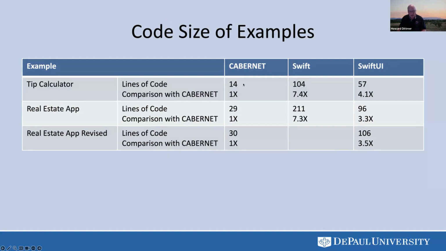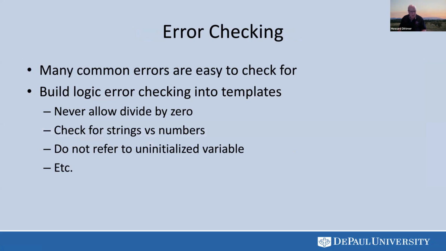And Cabernet ranged from 14 to 30 lines of code here, whereas Swift was up to 211 lines of code, and SwiftUI for the same applications is around 100 lines of code. So 4 to 7 times as much code to get the same thing accomplished.